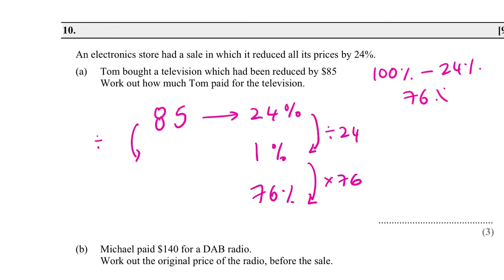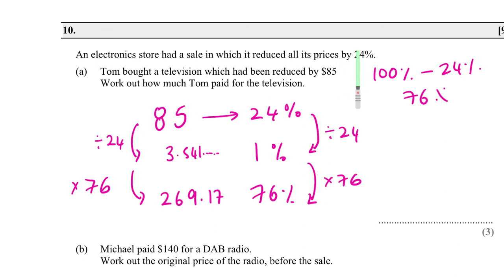We're going to divide by 24 to find 1%, which really is 3.541... Just keep that in your calculator. And then just click times 76. And then we're going to get 269.17 to 2 decimal places.